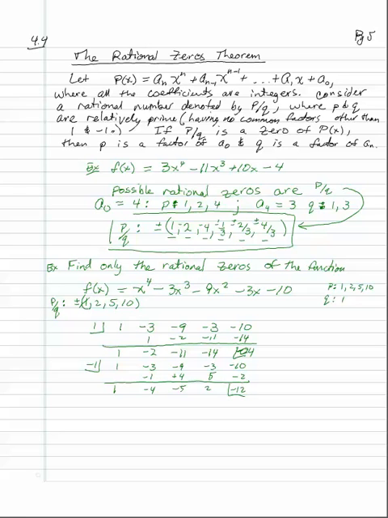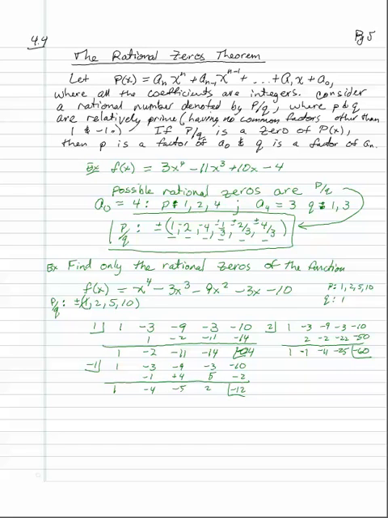So now we'll try 2 and negative 2. 2, 1, negative 3, negative 9, 3, negative 10, negative 2, negative 22, negative 50. So that one doesn't work.